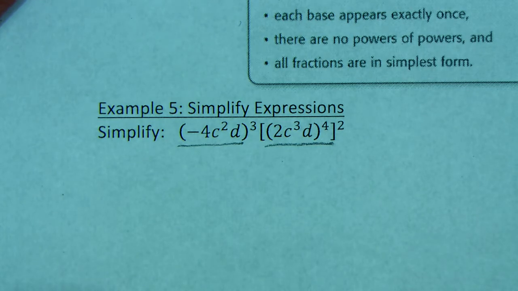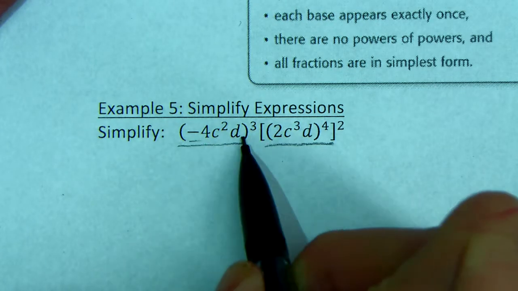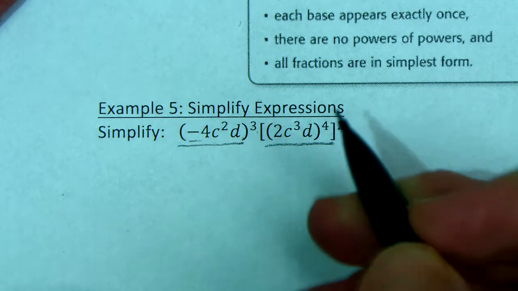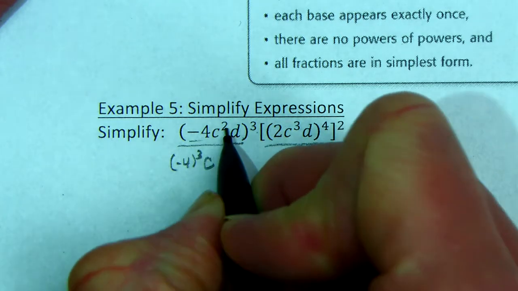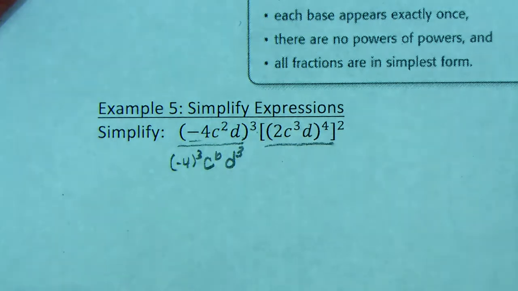I'm going to do that first because of order of operations: parentheses, there's nothing I can do inside those parentheses but exponents first. So I'm going to distribute that. So I've got -4 to the 3rd power. I got c to the 2 times 3 is 6, and d to the 3rd.